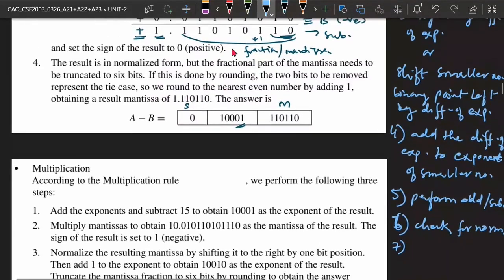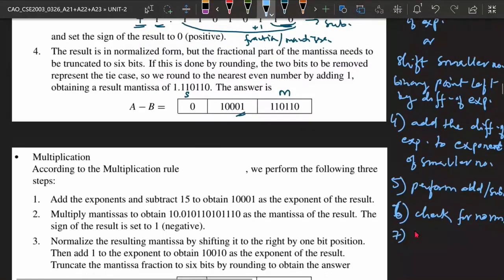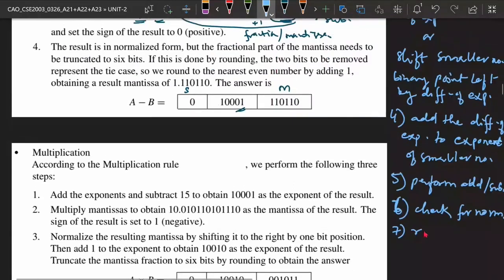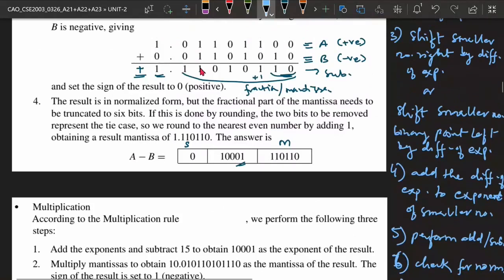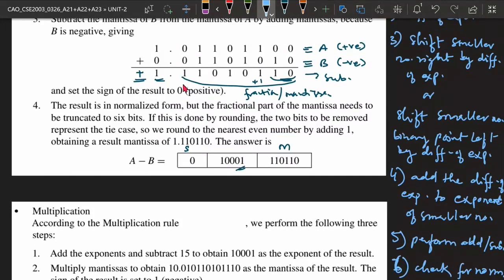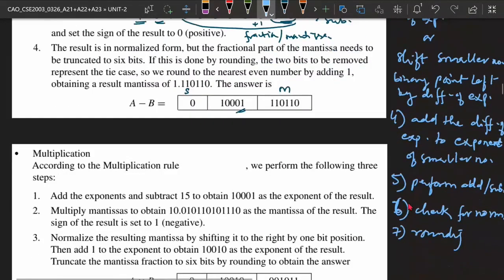So these are the checks we need to perform. Sometimes rounding is not required, or sometimes normalization is not required, because in this case it is pre-normalized. After addition only, it is normalized. So there is no need of normalization, but these are the steps we need to check.